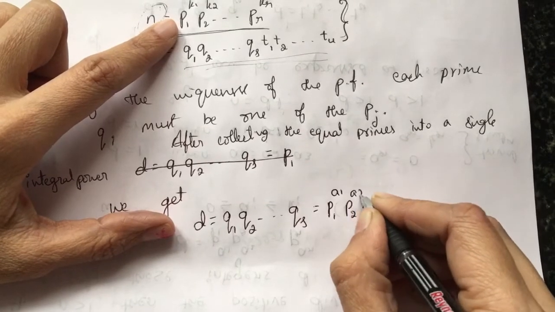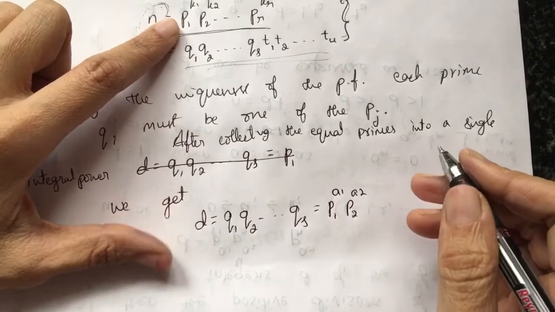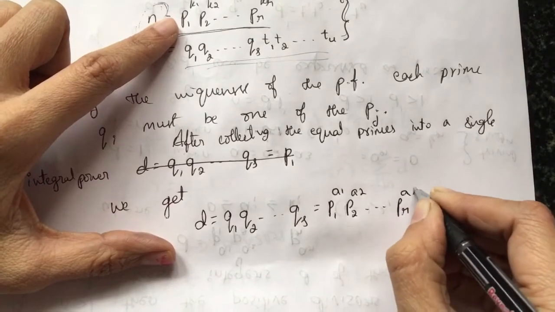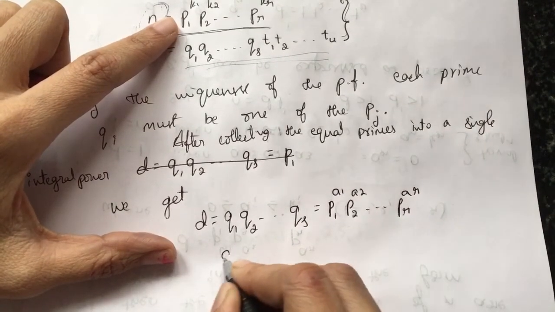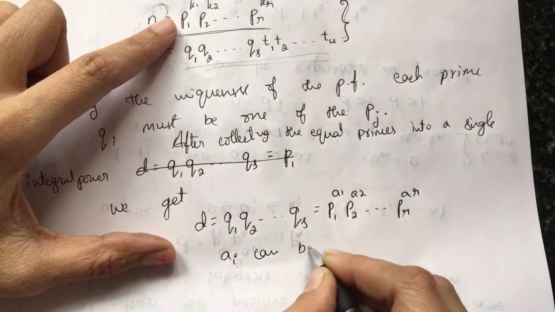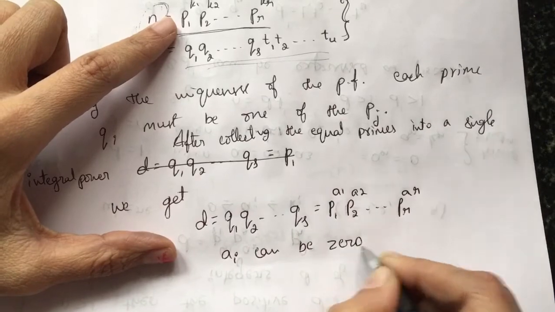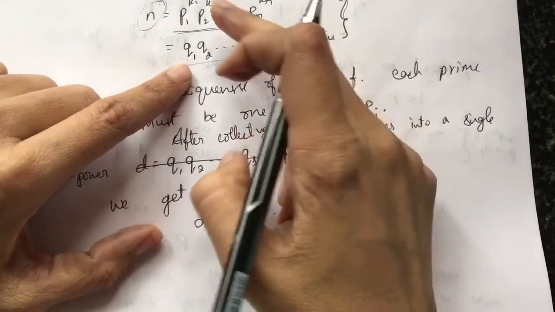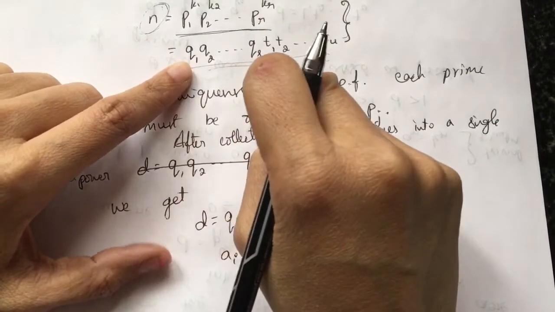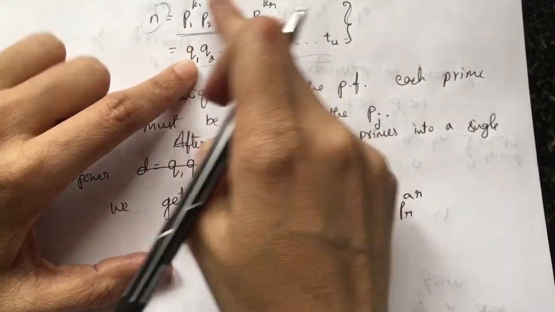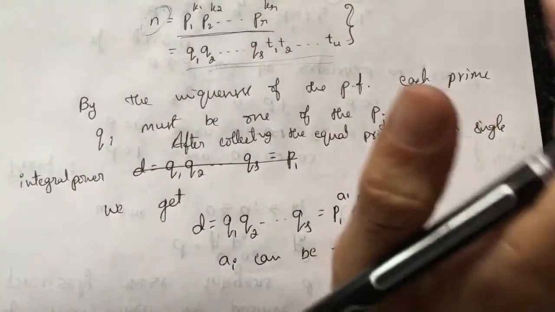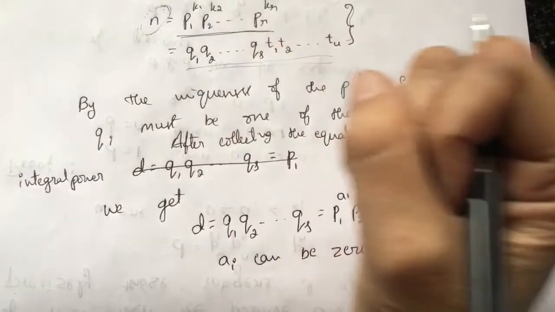I'll take p1 power a1, p2 power a2, pr power ar, and these ai's can be 0. Since I don't know how many times it is repeated, some power of p1 will be equal to any one of these qi. Similarly, q1 is equal to some power of p1, p2, like that. I don't know which is equal, so I'm just collecting all of them.